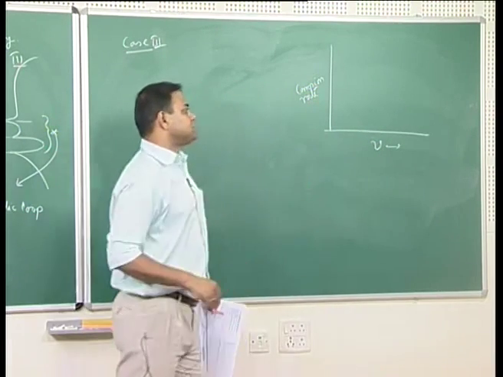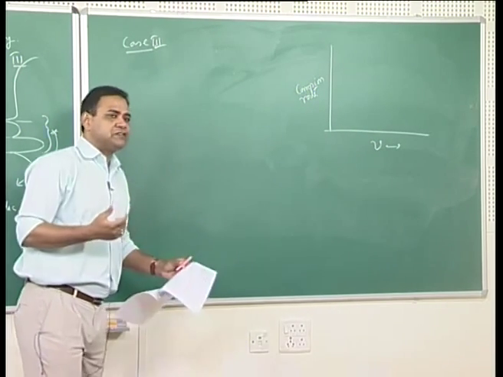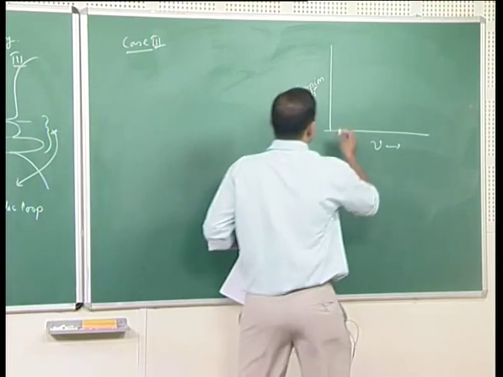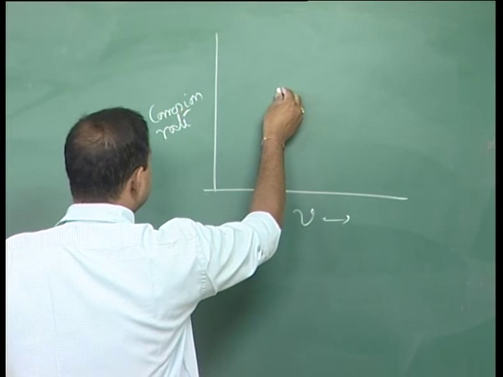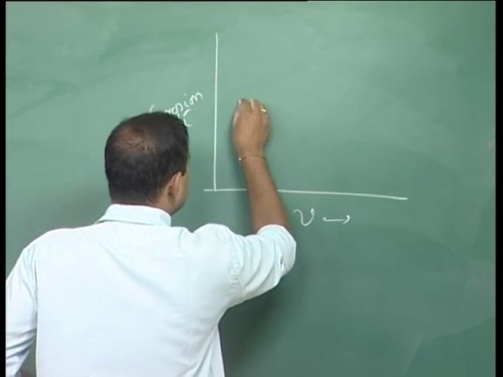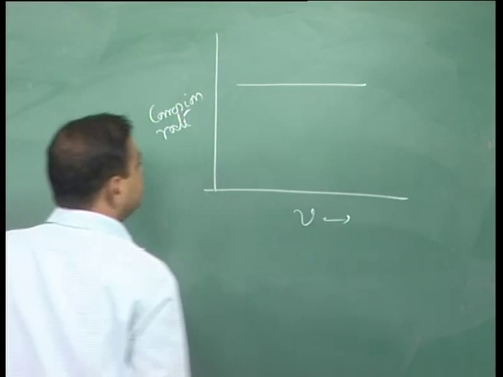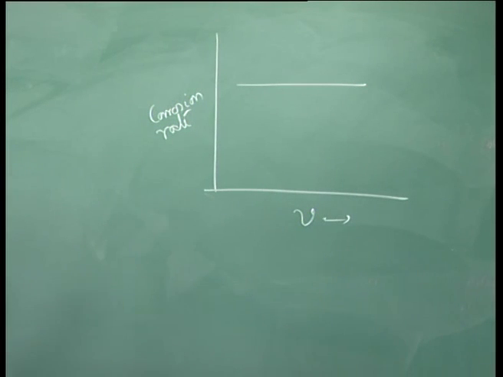As you increase the velocity of the solution or as you increase the turbulence in the solution, in case of active metal like zinc, it is a flat kind of thing. It remains constant, corrosion rate remains constant if it is activation controlled only.